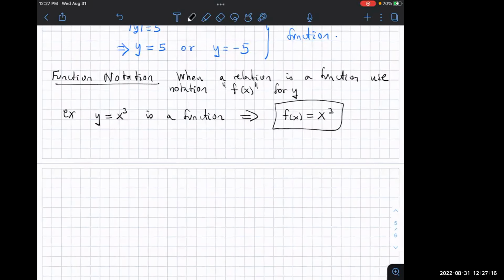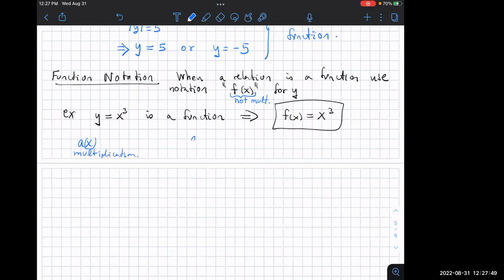When you're looking at f of x, you read that as f of x, as a function. This is not a multiplication. In general, if you have two letters next to each other like ab, or ax, that denotes multiplication.